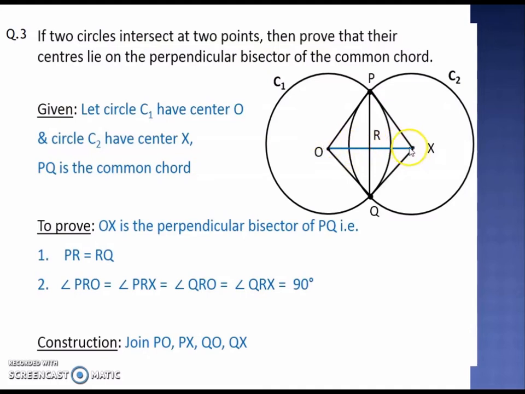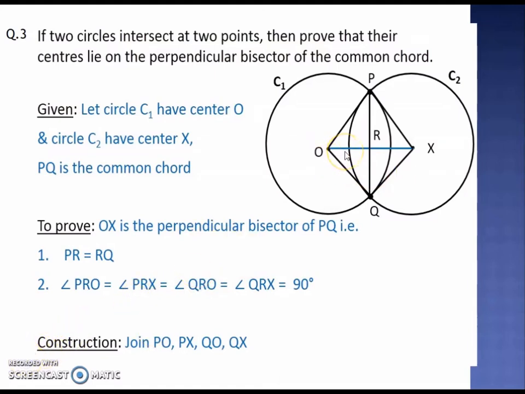P and Q are the points of intersection of these two circles. If you join PQ, that becomes their common chord. So this PQ and OX will be perpendicular bisectors of each other. That is what you have to prove.